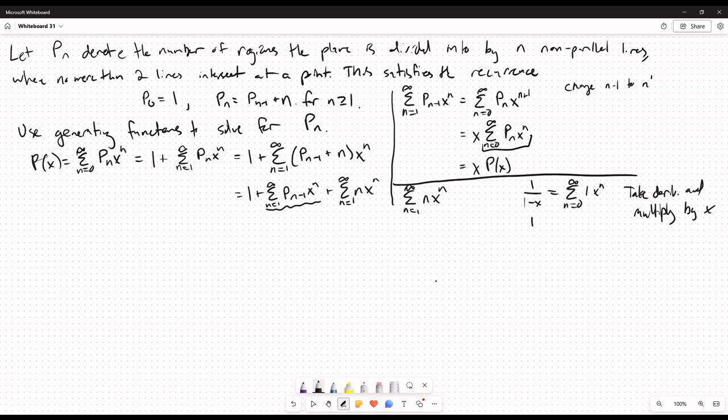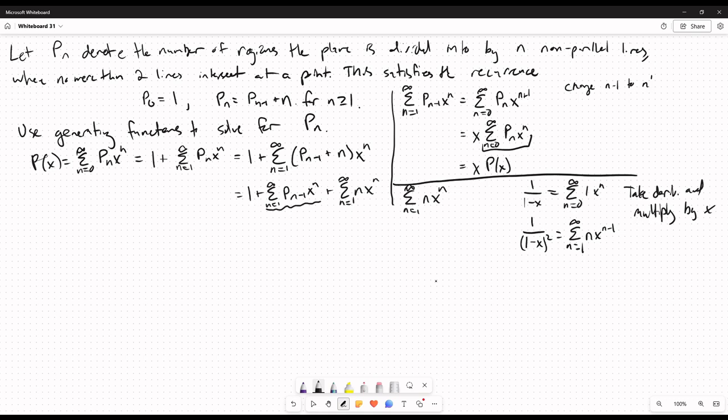If I take the derivative, on the left side, what I'll end up with is 1 over 1 minus x squared. And on the right side, I'll end up with the sum starting at n equals 1, because the first term is going to disappear. Everything after that, we're going to end up with n times x to the n minus 1.